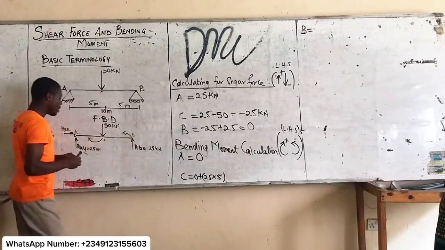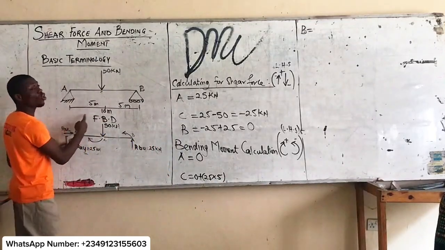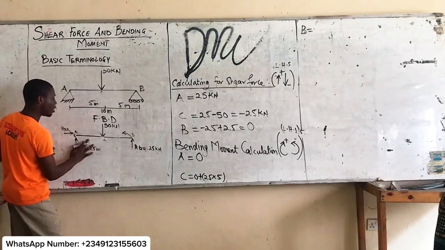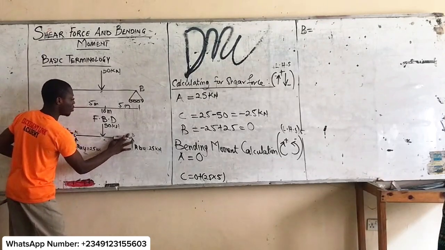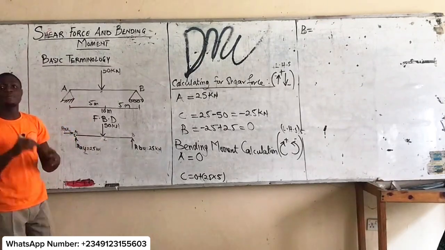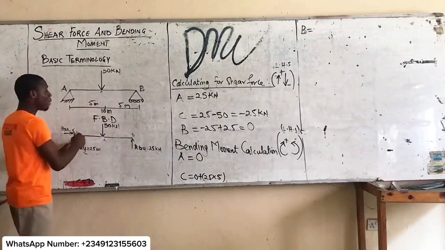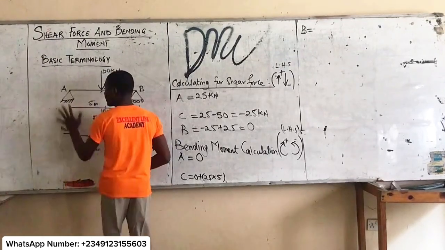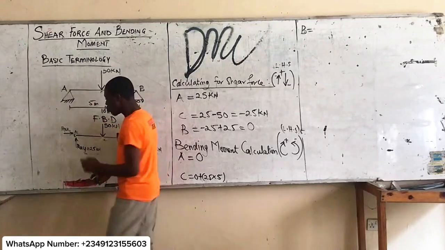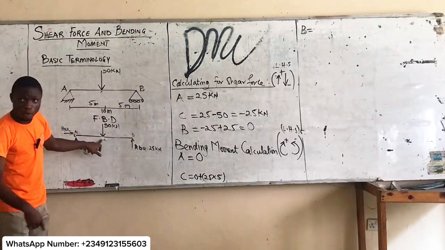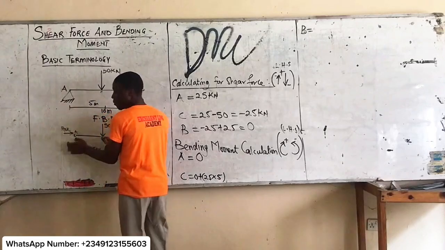Observe this one. Now listen. I'm moving in the clockwise direction. That's why I'm moving like this. I said for bending moments, first, at your point A is 0. I'm taking the left hand side. Nothing is here, so A is 0, no problem. Move to C. C is 0, but I'm seeing a force at the left hand side, which is this one.